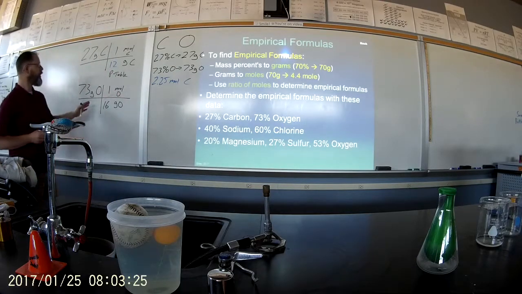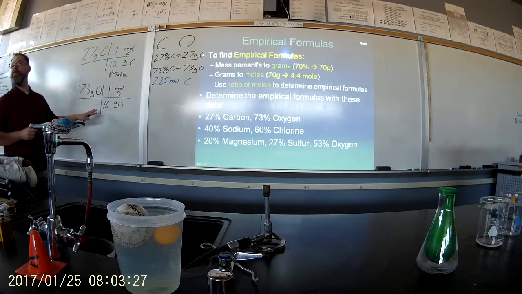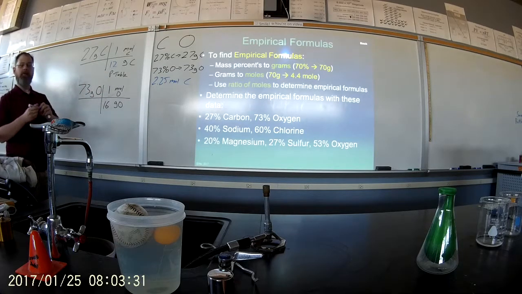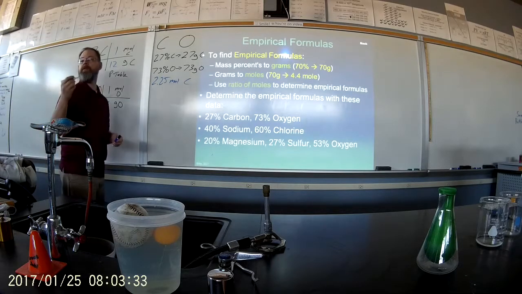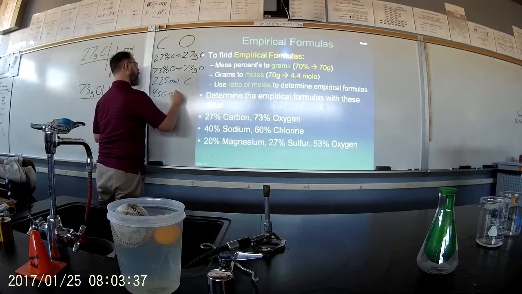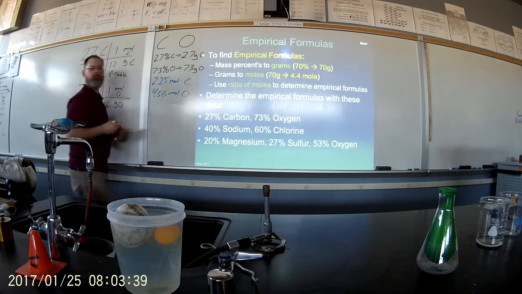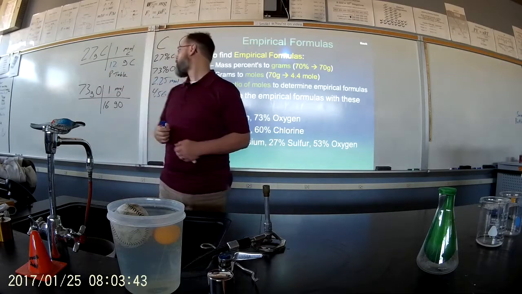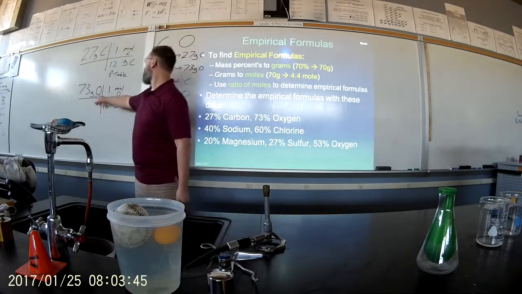Okay, so if we have 73 grams of oxygen from our 73% of oxygen, then how many moles of oxygen do we have? Less than 4.56 moles of oxygen. Do we divide? Yes, because we have grams.